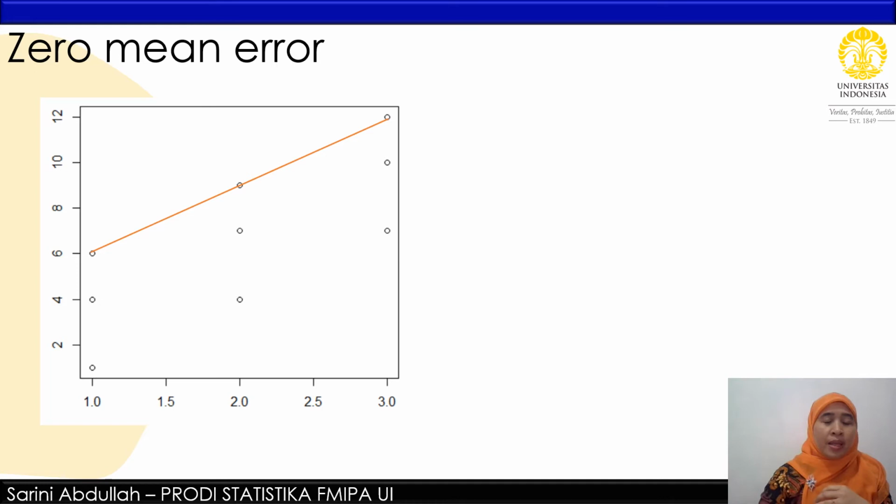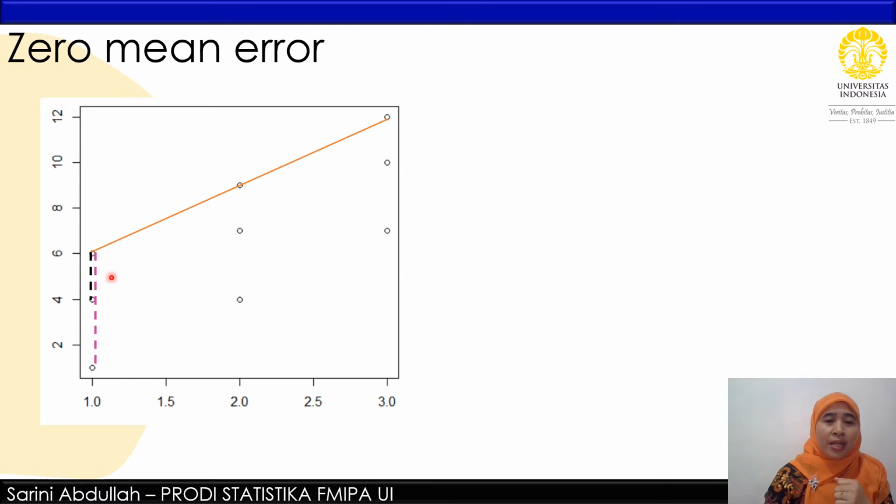Let's see. Let's say we want to use this line to predict the value for other x in the data. For the first value of x, we have 3 observations. For the first observation, the prediction is exactly on the line, so it is 0 error. But for the second prediction, we have this much error, and for the third observation, having the same x value, we have this much error.